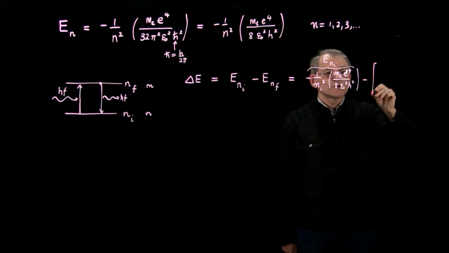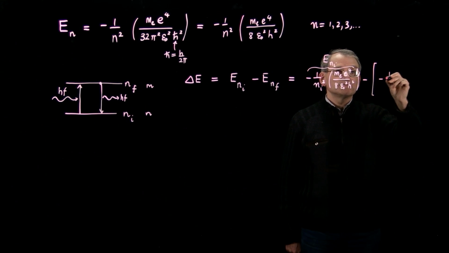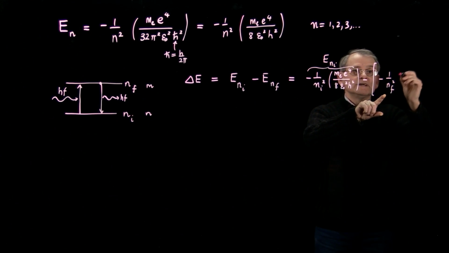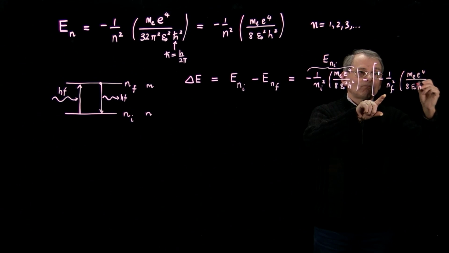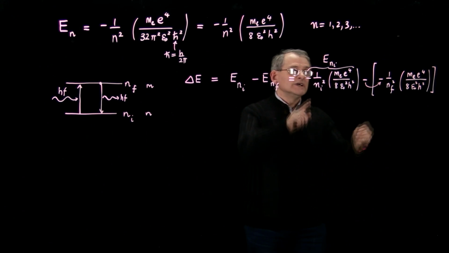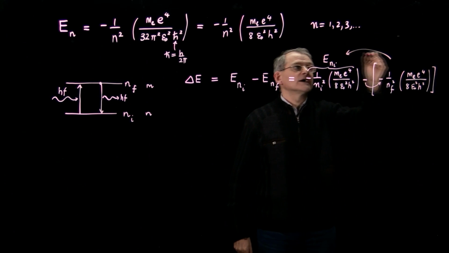I'm going to be a little more careful with this. The final state would be written like this, again exactly the same expression, but I replace the initial with the final, the same combination of constants. Now you can see that this sign turns this into a positive, and I can simply swap these around.